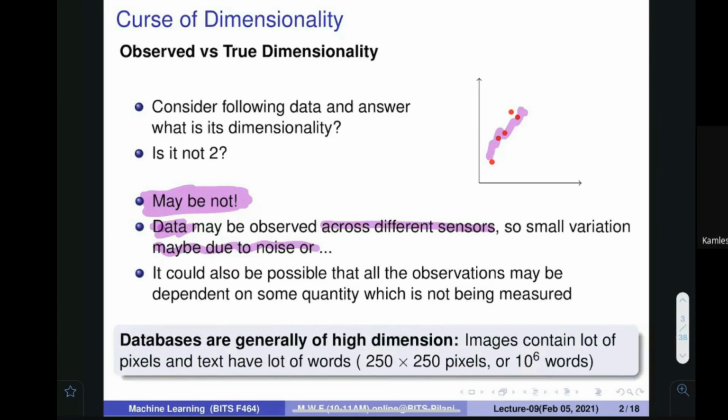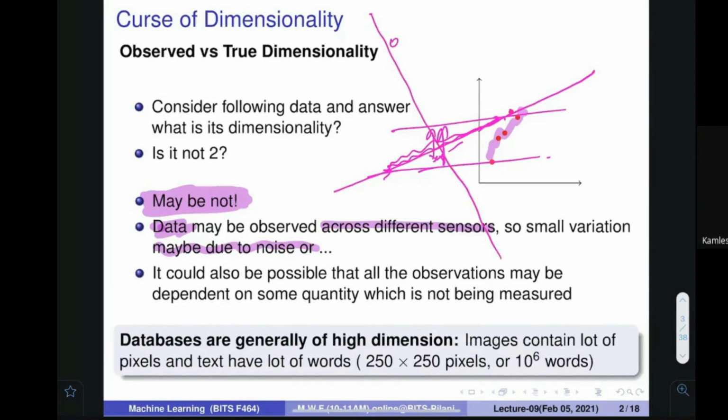In our example, the motion happens in one particular direction, but we are measuring the variation in another direction. It looks like it is moving from here to here, because I'm measuring in this direction. If I put another camera here, I would see the motion from here to here.